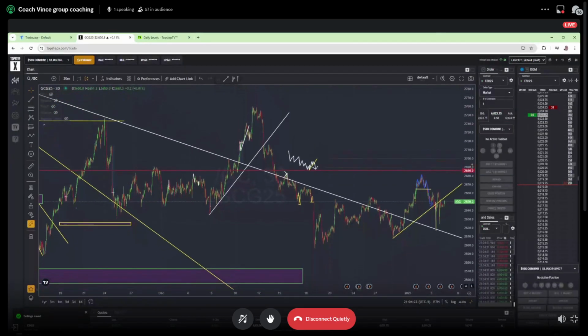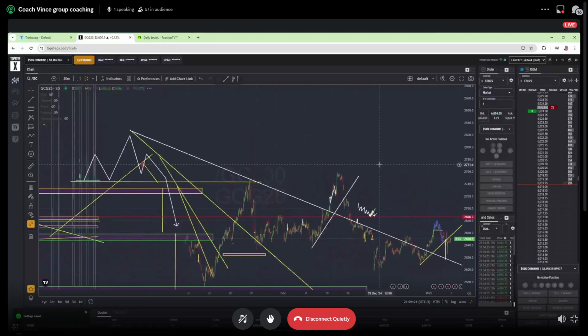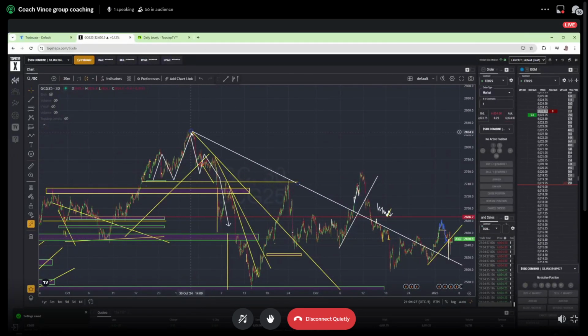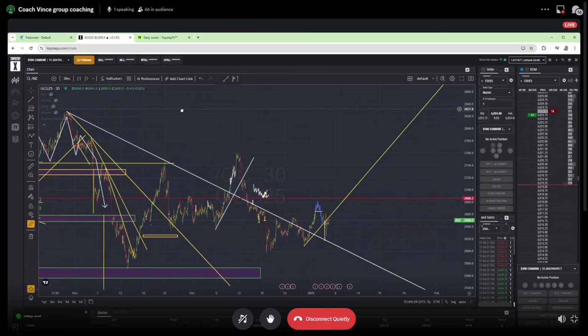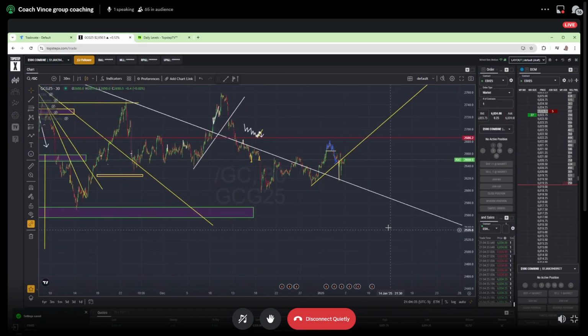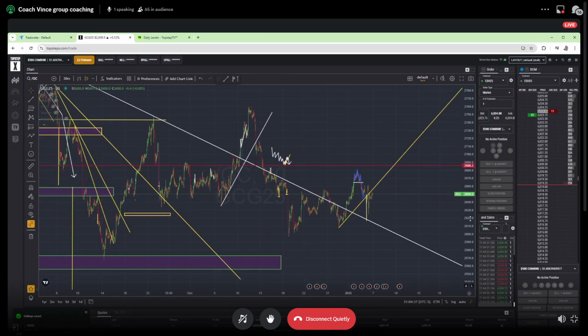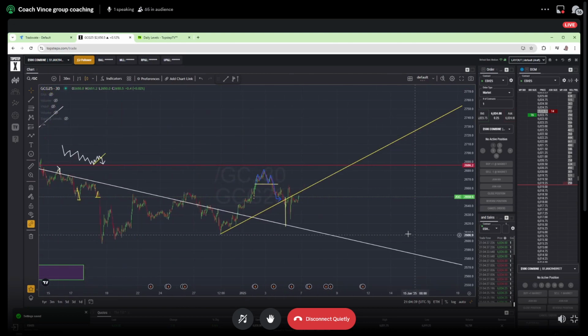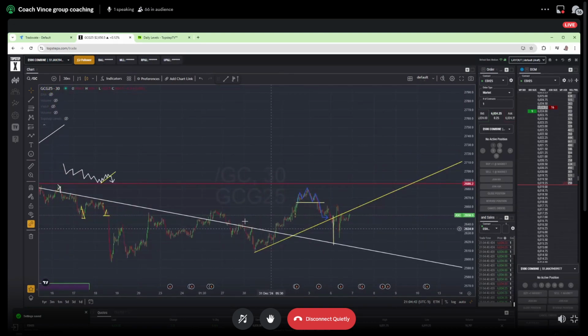So this trend line here, this is an outer trend line from way back here, October. We projected this line out from October. So November 22nd, we did this projection of this line, and you can see we're playing with the line, right? We're below it, above it, below it, below it, above it.